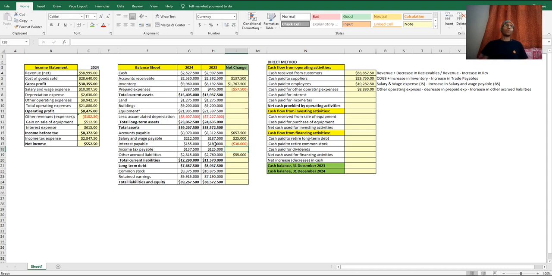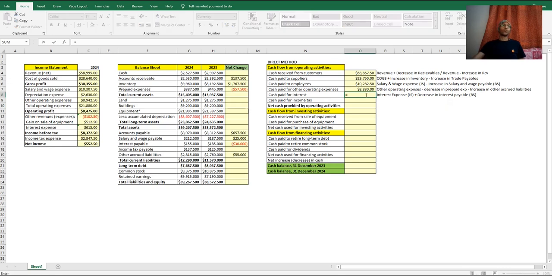So we have to add it to the interest expense in the income statement. So this is basically interest expense mentioned in income statement plus decrease in interest payable. This is from the balance sheet, right?